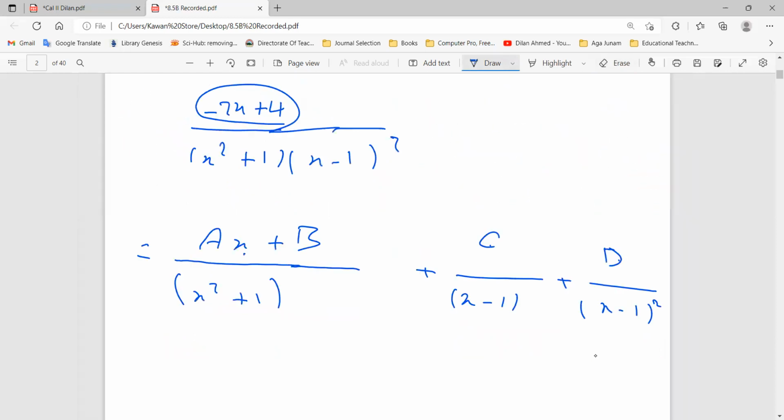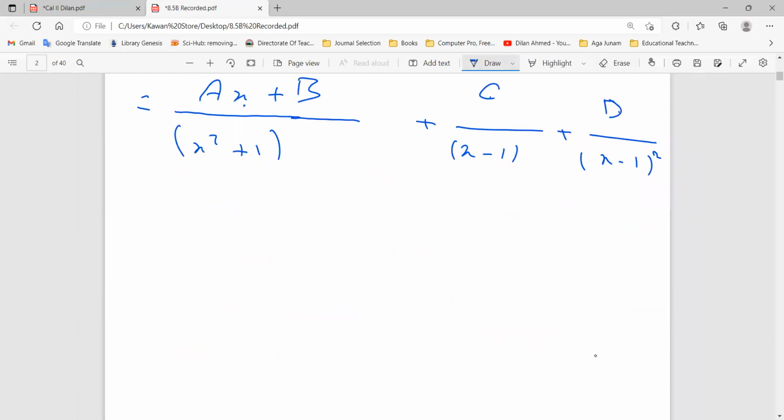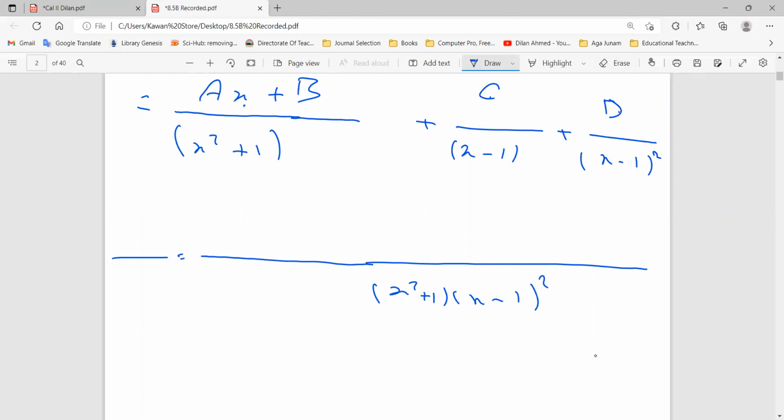So I'm going to find the common denominator with x squared plus 1, x minus 1 squared, all of them equal to the same denominator with minus 2x plus 4. So how do we find the common denominator? I forgot to put the video for you, right? I promised to provide you some video, but you didn't send me anything. So today I'm going to put it in its place.